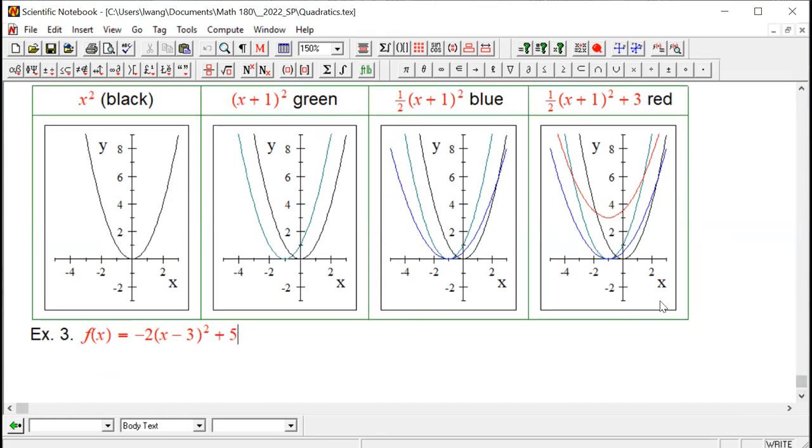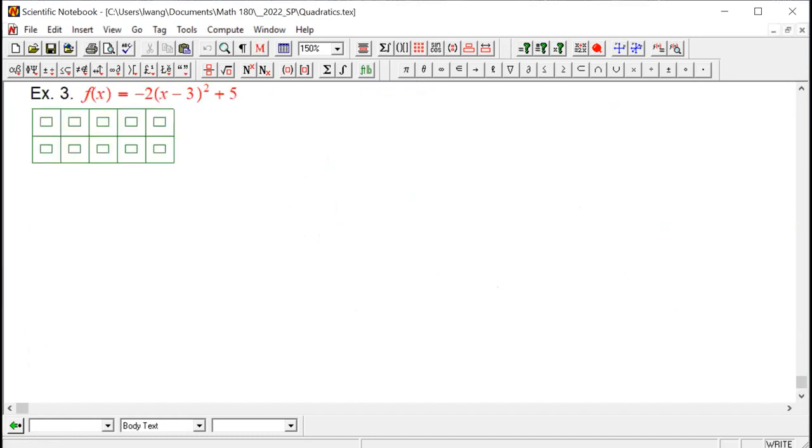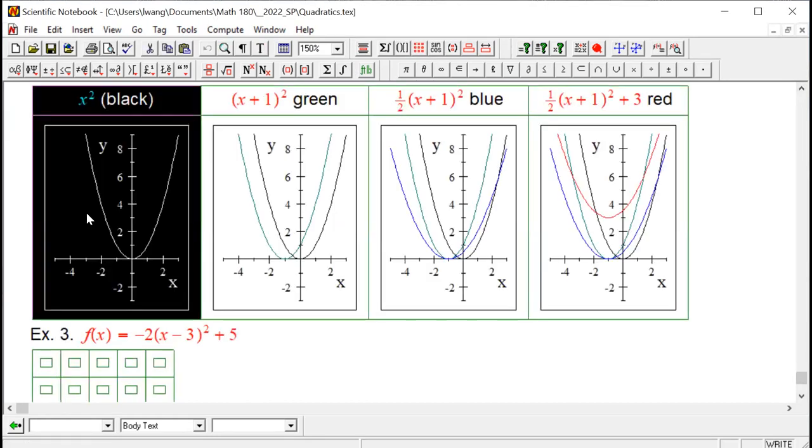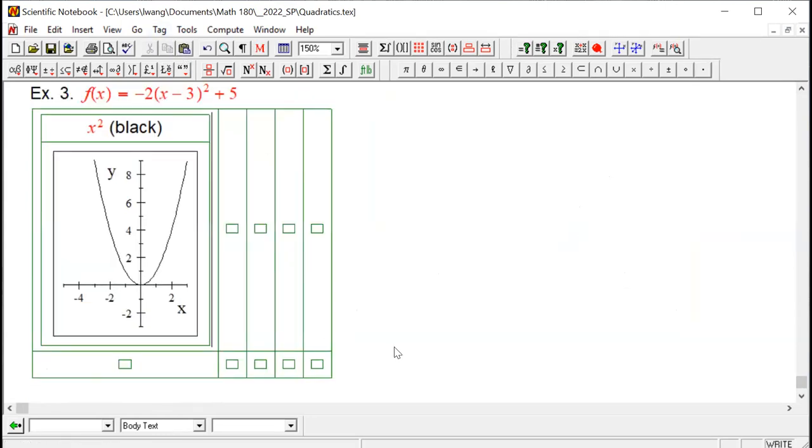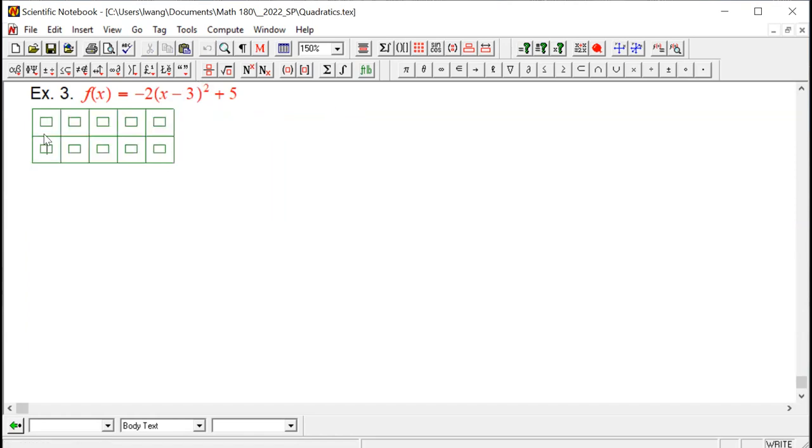So we're going to start from the same place. I'm going to put my table in place. And we're going to do (x - 3) squared. Whoops, I made a mistake.